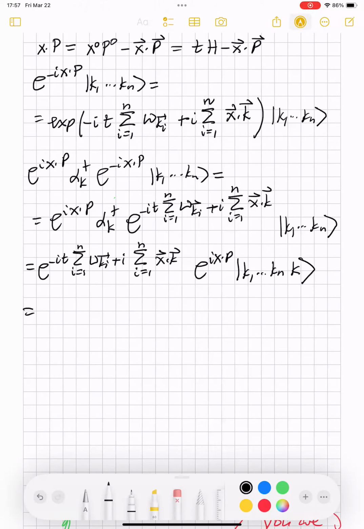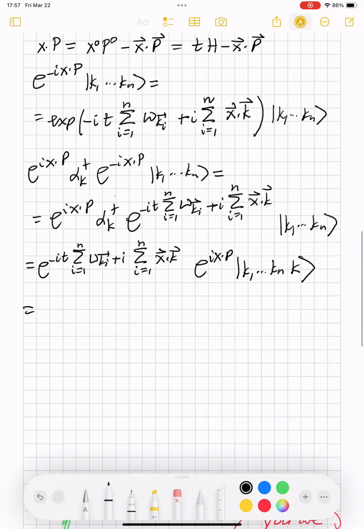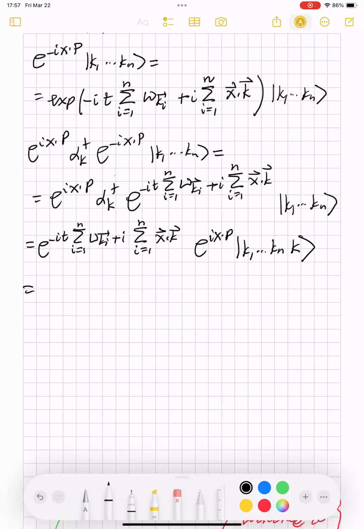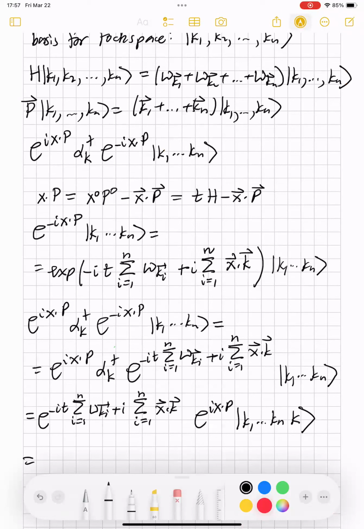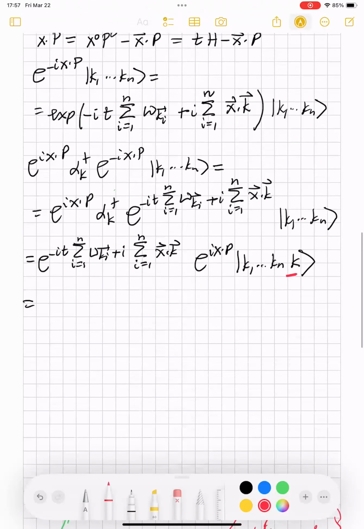So now if I act with e to the ix dot p on the state, well, I again plug in the eigenvalue, but remember, the energy has changed now. The energy was the sum of all of the energies, but we need to include the energy of the last particle k that's been added. And the momentum has changed because we need to include the momentum of the last particle k. So what we have is e to the minus it sum from i equals 1 up to n of omega ki plus i sum from i equals 1 up to n of x dot ki.